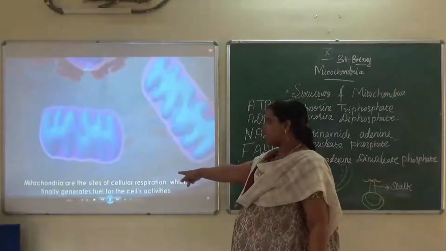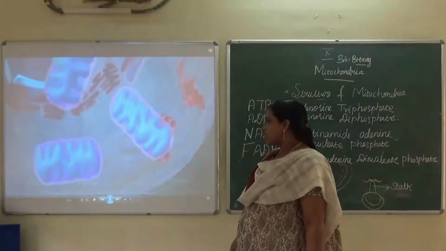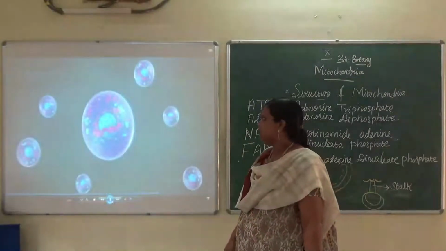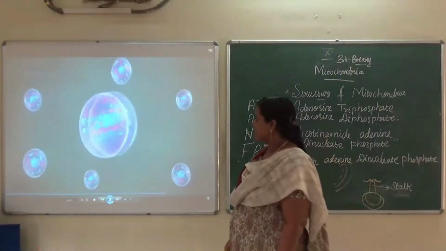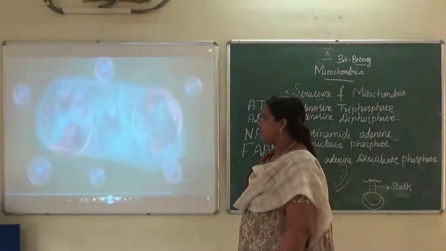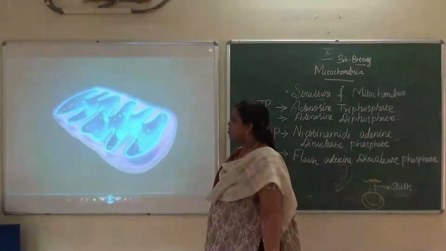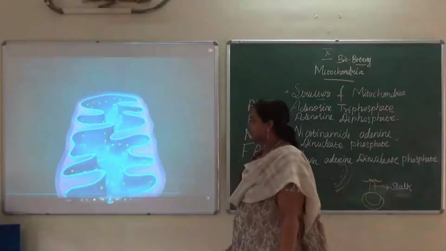Mitochondria are the site of cellular respiration, which finally generates the fuel for the cell's activities. Mitochondria also help in cell division. This is the structure of mitochondria.